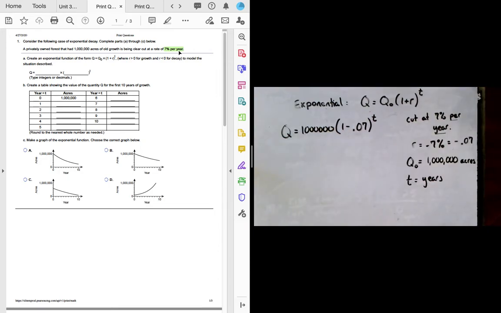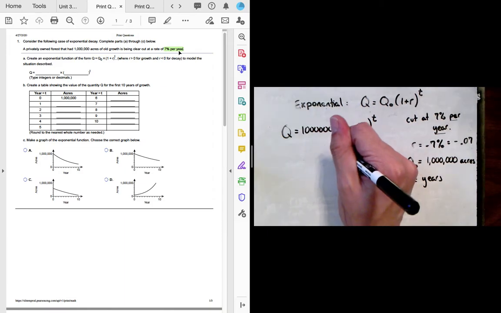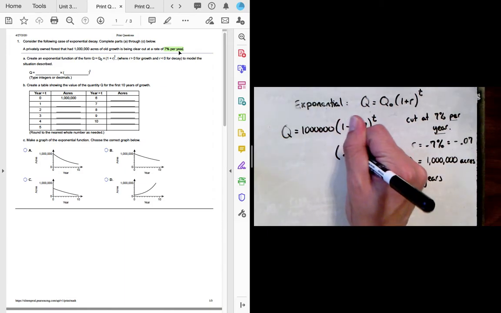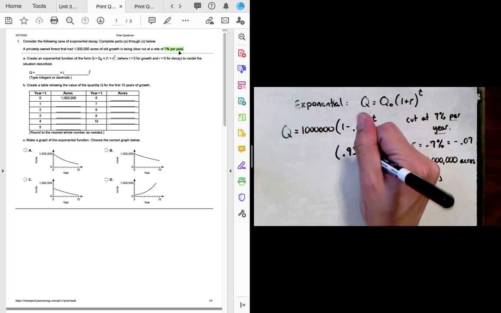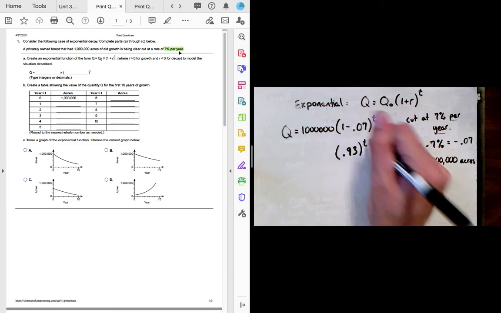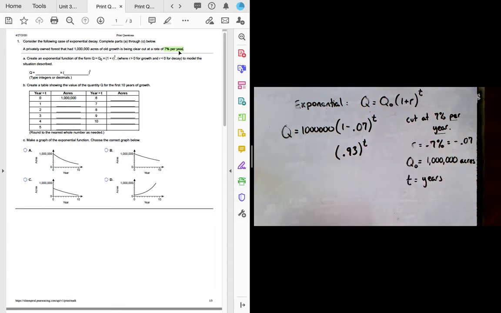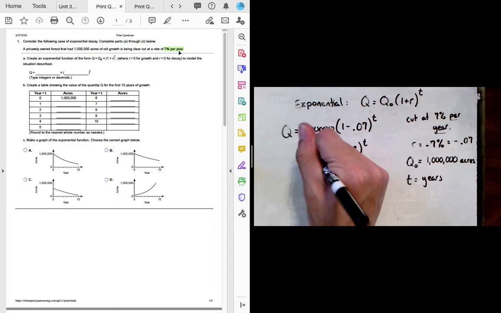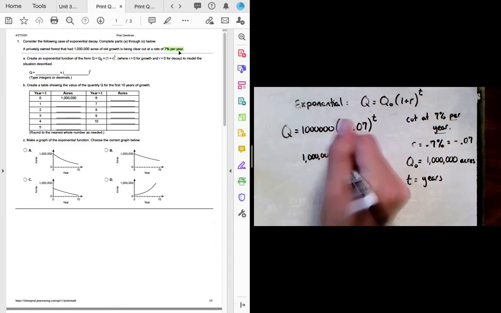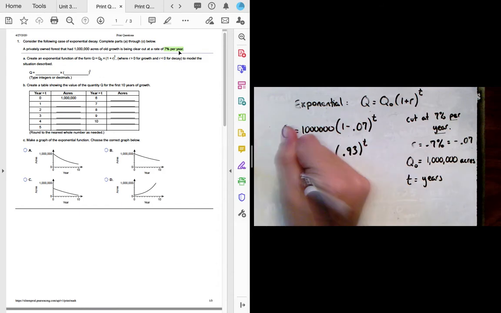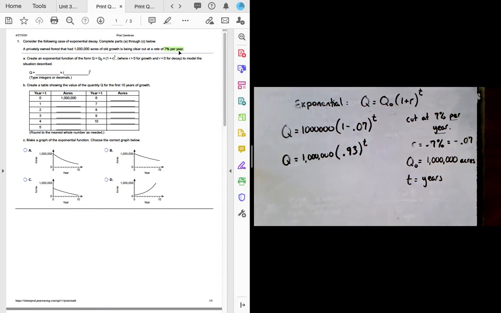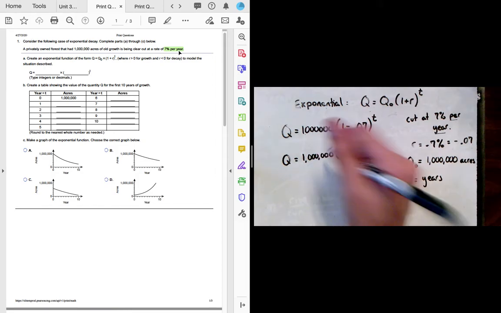You don't have to leave it as 1 minus 0.07. If something is losing 7% per year, then it's retaining 93% every year. And so that's why our inside piece becomes 0.93. Don't forget your million on the outside. Use commas if it helps. And here's our model. Q is equal to 1 million times 0.93 raised to power T.